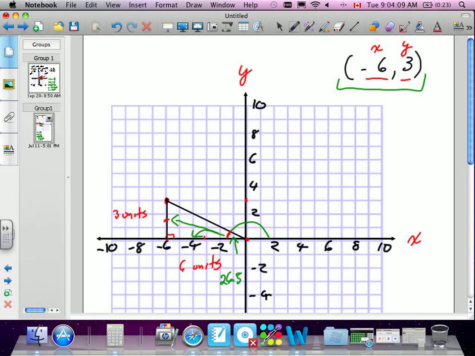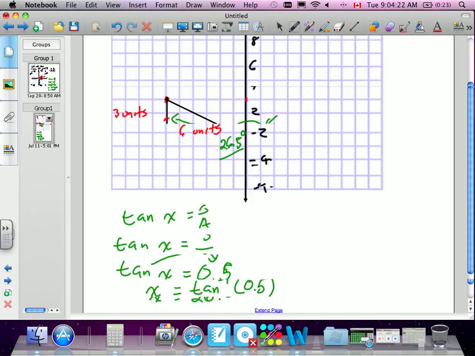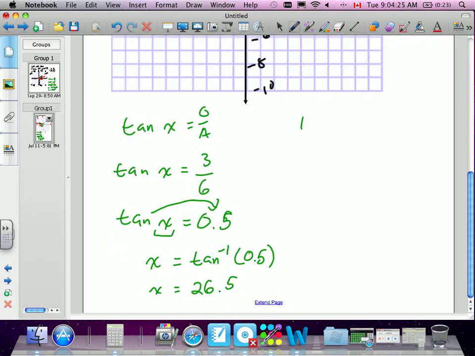How would I solve for this angle now that I have this measurement? What would I do? Subtract from 180. That's right. So I take 180 degrees, because this makes a supplementary angle, and we subtract 26.5. We're going to call this angle Y in this case.